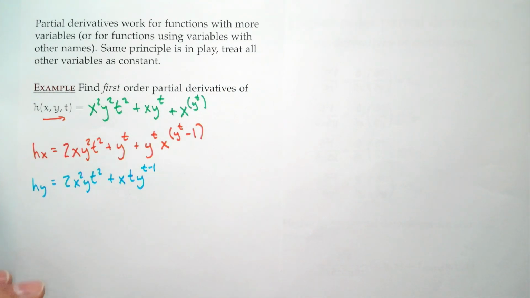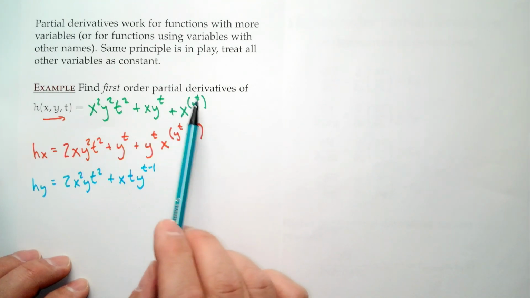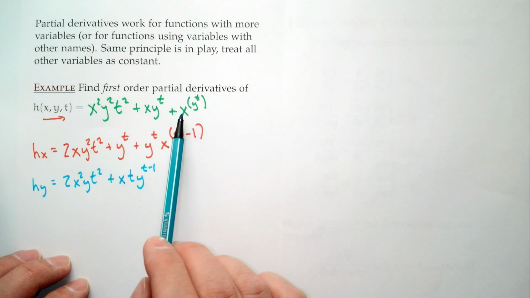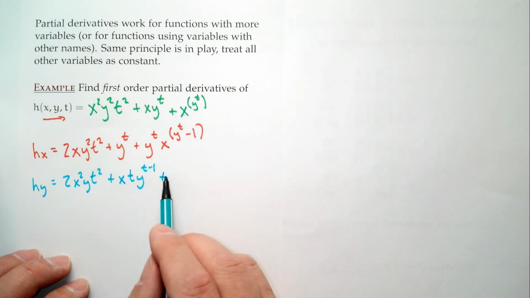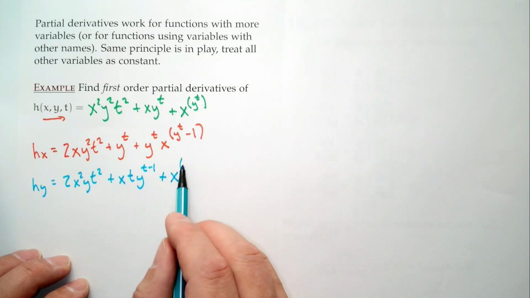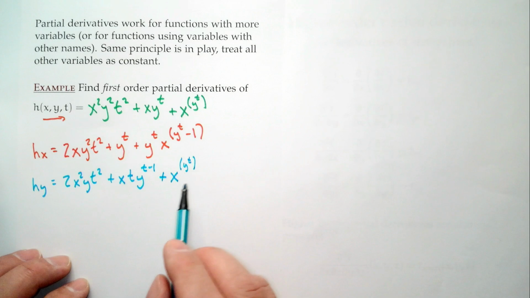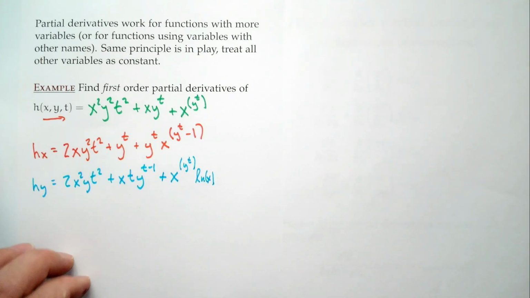Now I have to do a chain rule, because I have y to the t inside x to a power. So first off, the derivative of x to a power. Well, x to a power will be x to that power times the natural log of x. All right, are we done? No, because the chain rule says now you have to take the derivative of the inside.